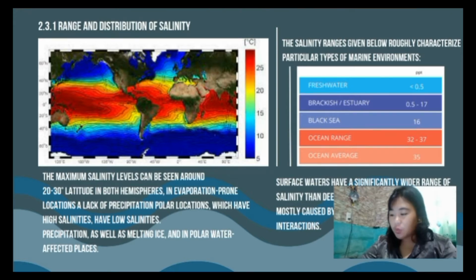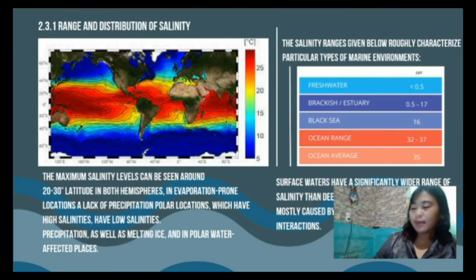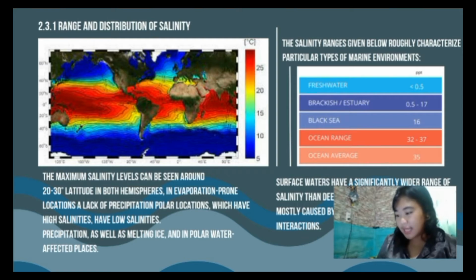Polar locations have low salinities because of precipitation as well as melting ice.